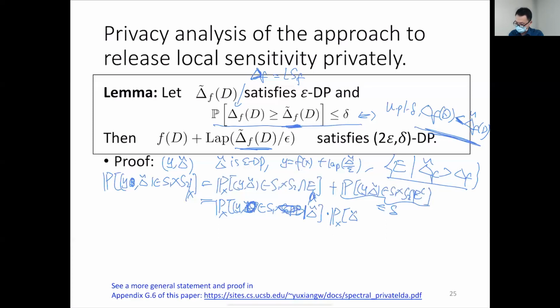So the marginal would be this belonging to S2 intersect with E, plus delta, and this is smaller or equal to. Now, using the fact that this delta tilde is epsilon differentially private, I can upper bound this probability with e to the power of epsilon while replacing this x with x prime. So this becomes e to the power of epsilon p x prime, where x prime is a neighbor.